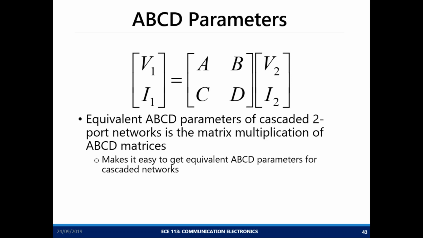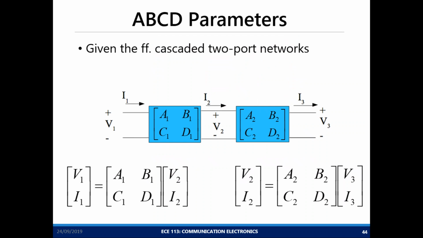So if we have V2 and I2 at the input and V1, I1 at the output, it makes it easy if we cascade matrices. If we have V1 and I1 here, V2 and I2 here, V3 and I3 here, then V1, I1 is related to V2, I2 by the ABCD parameters of this matrix.